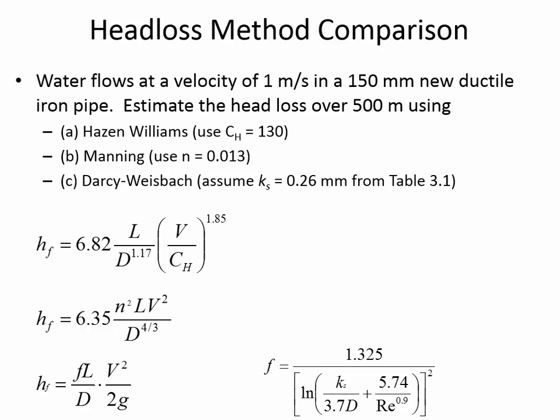Now I've been putting 0.15 as the diameter of the pipe everywhere else till now. But the reason why I'm putting 150 is I have to have the same units in the denominator for pipe diameter that I use for the equivalent sand roughness in the numerator. So if you wanted to put in 0.15 meters, then it's important for you to express this K sub s value also in meters, or else you're going to get a big error.